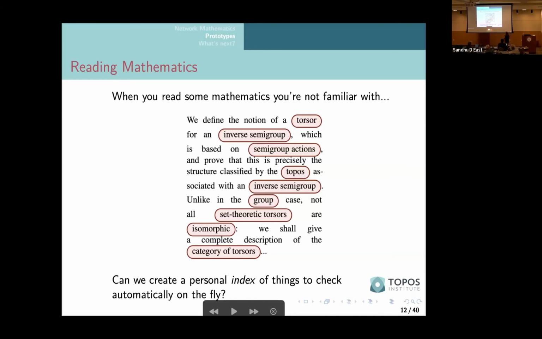One of the things about being able to do this automatically, setting the computer to read it for you instead of reading the whole text yourself, is that you can then create a personal index of the concepts that you need to know. And you want to do that automatically and on the fly. Of course, you can pay someone to index your book or the materials you want to work on.